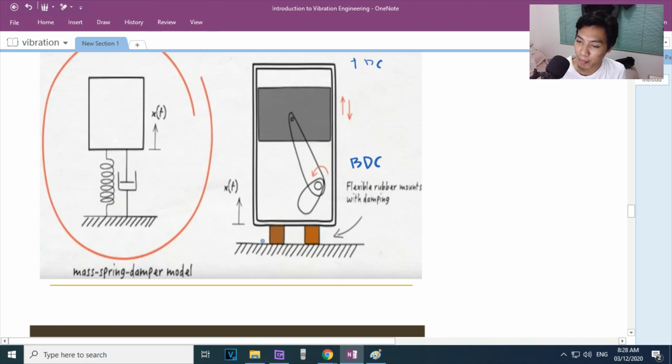These are dampers or shock absorbers. And it moves in periodic movements. Ito, T. Now, you will create a mass spring damper model. Kung saan your spring and the dampers will counteract the mass M that is moving. Yan. Gagawa tayo ng mga model yan later on in our discussion. Okay?